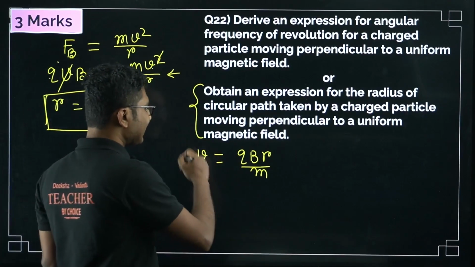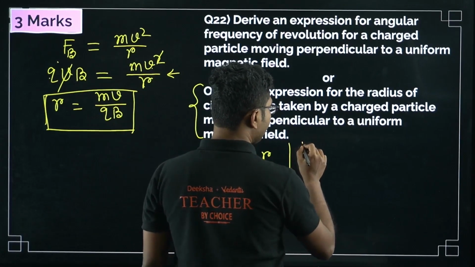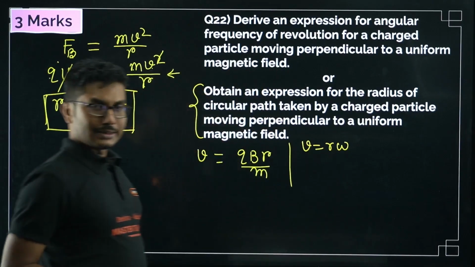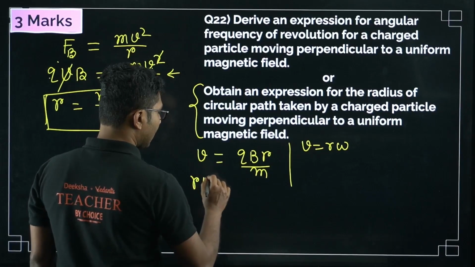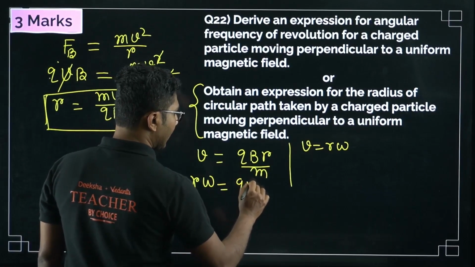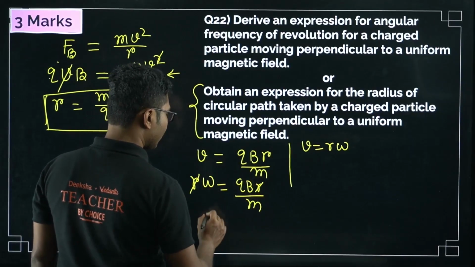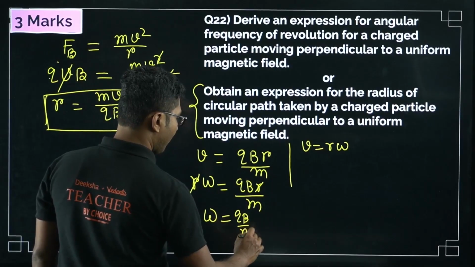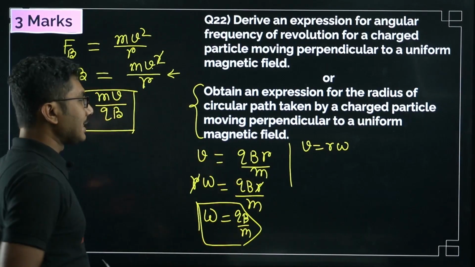Now what is omega? In rotational motion we know that v equals r omega. This is the relationship, we just need to put that here. So v equals r omega, that is qBr/m. r cancels, so omega equals qB/m. This is the angular frequency.